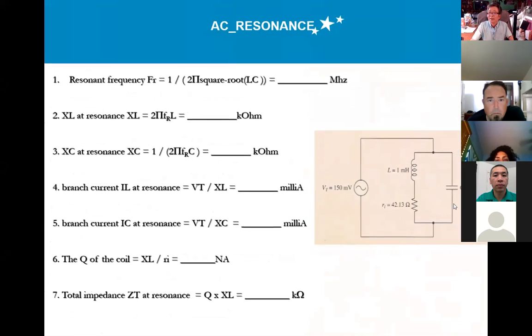Okay, I gave you number 1, megahertz, and you do the calculation for the rest for me. Who got number 2?